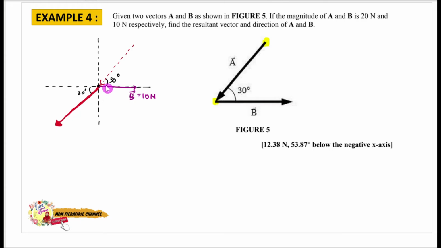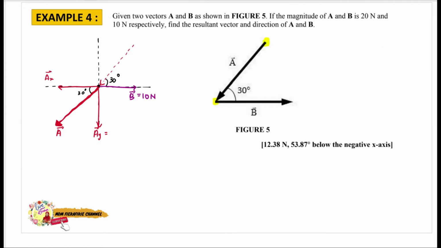Okay, so we want to find the resultant vector ataupun kita dah tahu ini force, so kita nak cari resultant force. First kali you tengok arrow mana yang ada angle. Arrow yang A ini, vector A. So kita resolvekan dulu kepada AY and AX.